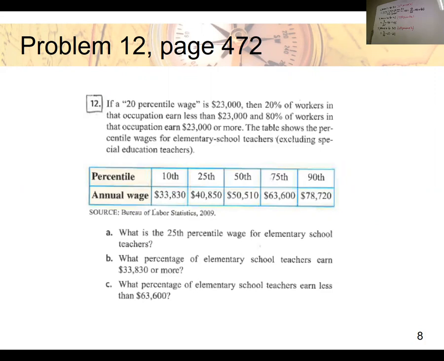And here is that table with the corresponding percentiles. So we're going to use this table from the Bureau of Labor Statistics to answer this question. What is the 25th percentile wage for elementary school teachers? How much? 40,850. Yes, we just get that straight from the table.